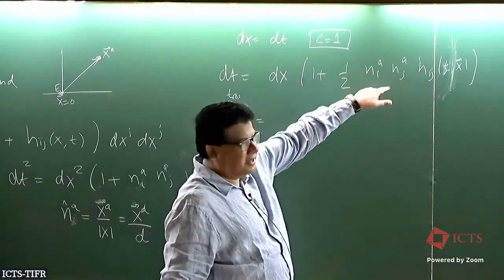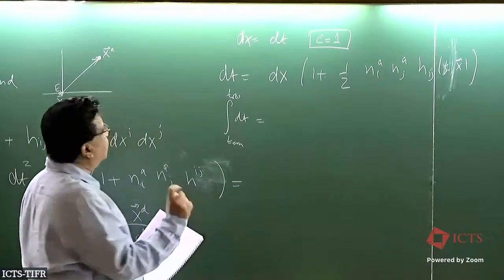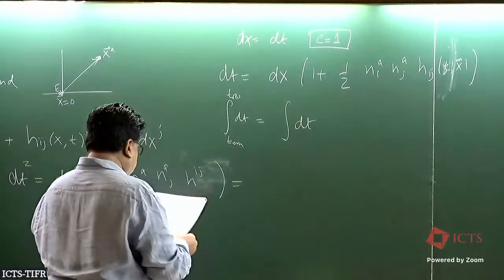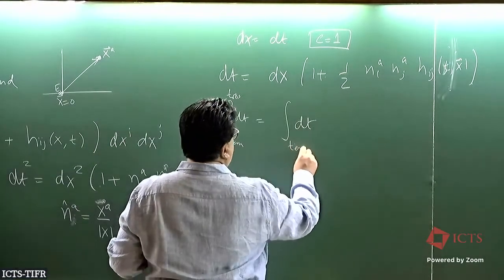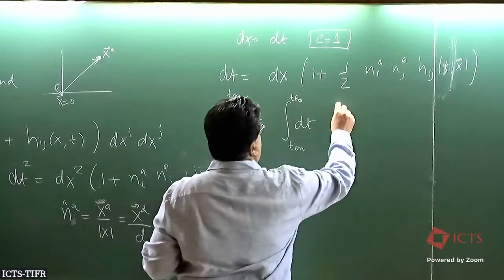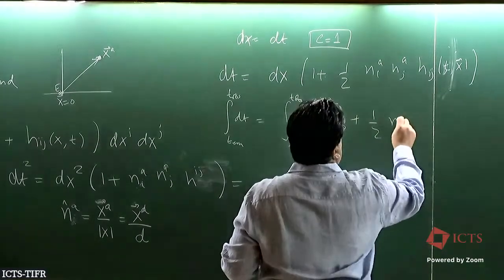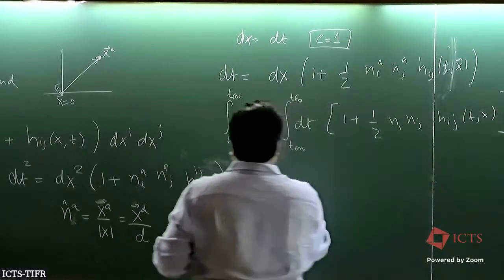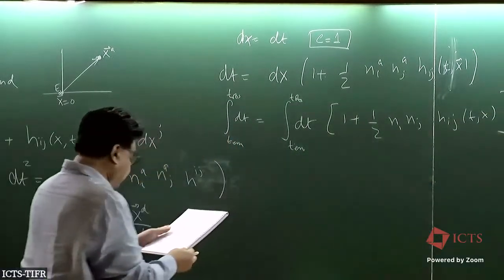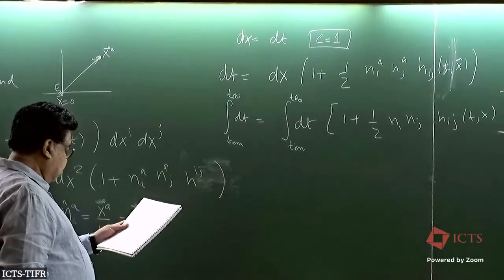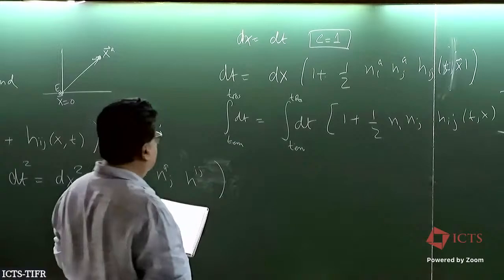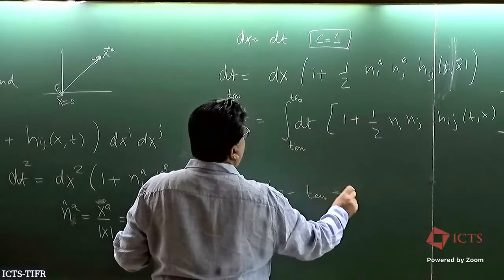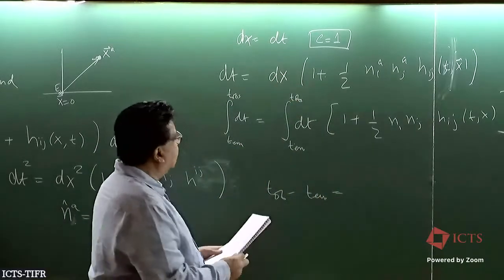There is a perturbation here, but the measure is the same. So I'll replace this by dt, and this also will be from t emission to t observation of this whole thing, 1 plus. So t observation minus t emission, and the first one was dx, so that is the same.